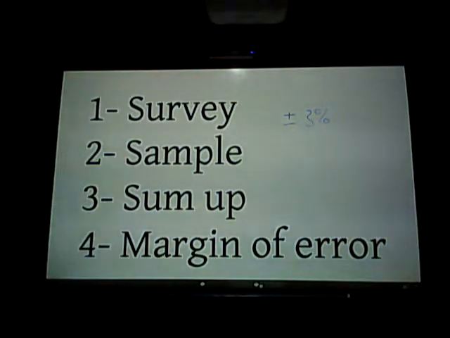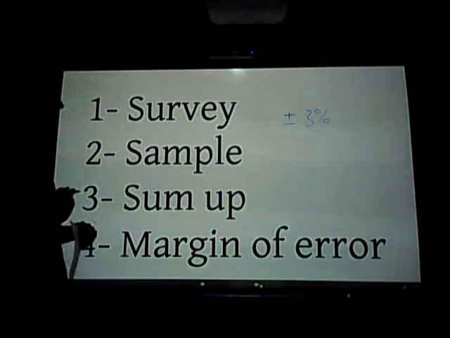So you want it to be small. If it starts getting up to 7, 8, 9, 10%, it's not a very accurate survey. It's not very reliable. It needs to be a small number, typically around 3%, maybe 4%. If it starts getting above that, you should question the survey.